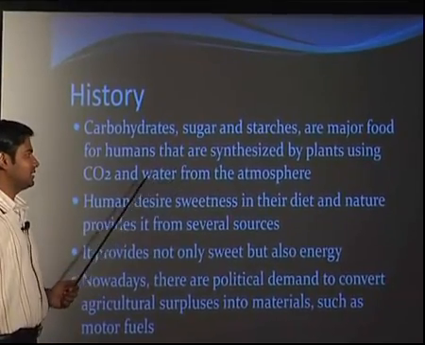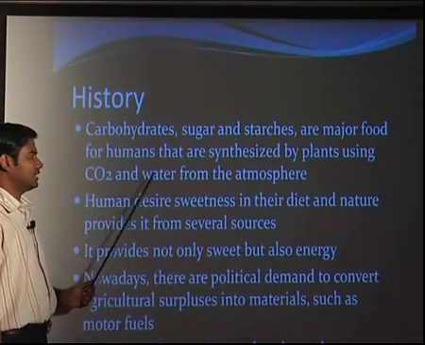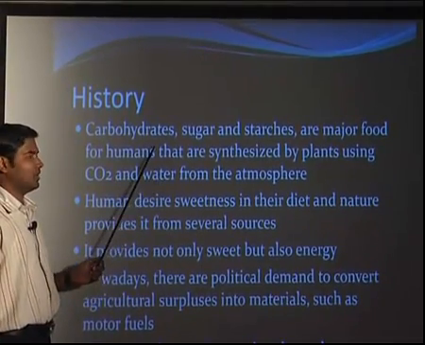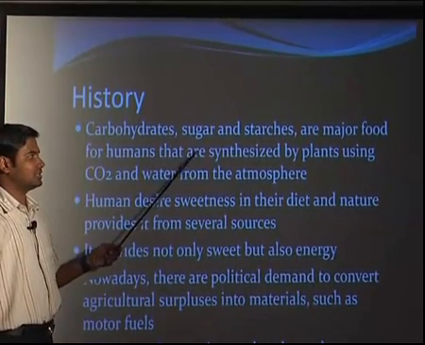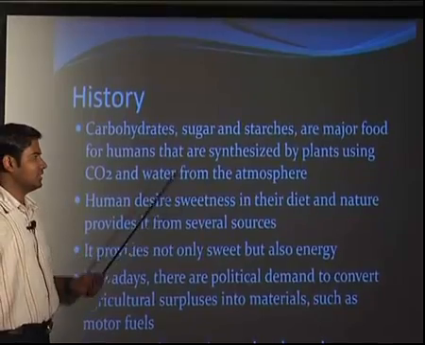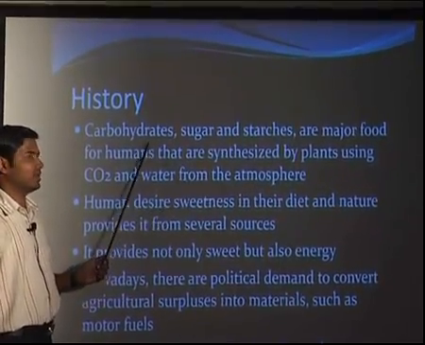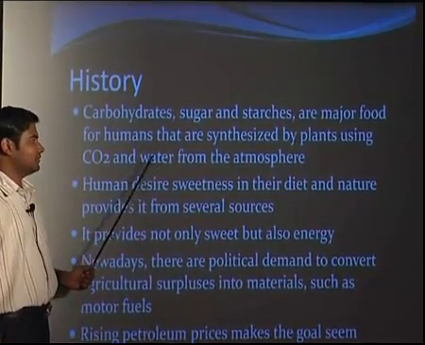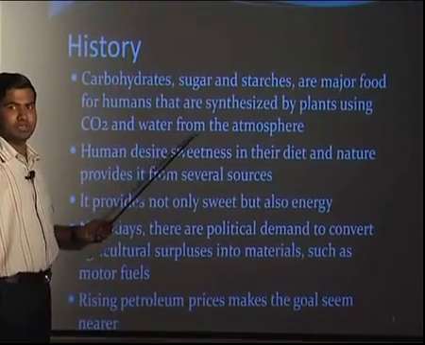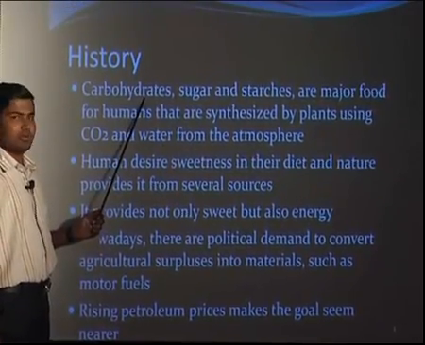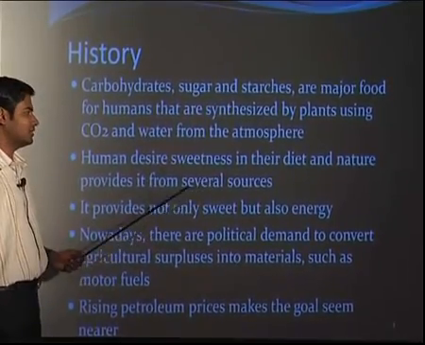Plants, with the help of chlorophyll, fix the carbon dioxide and water and produce carbohydrates, and those carbohydrates we can break down into sugars and starches for our use. So plants are the primary producers of carbohydrates in nature. With the synthetic route we can also convert them, but the synthetic route is not popular. We use carbohydrates directly from nature to convert into sugar and starches for our use.